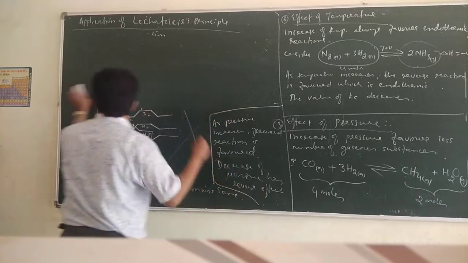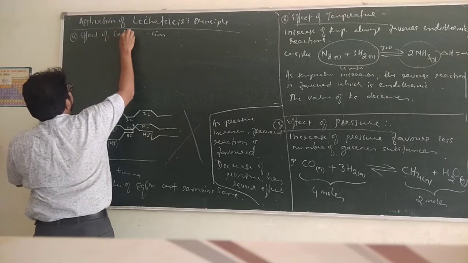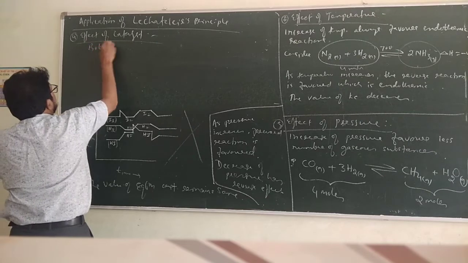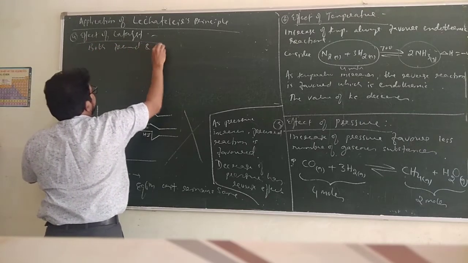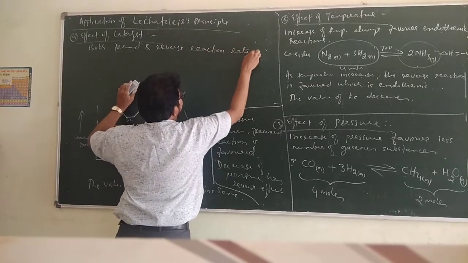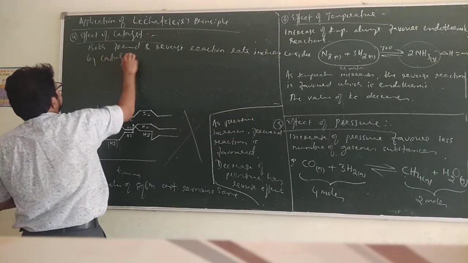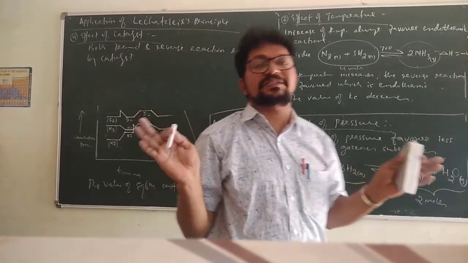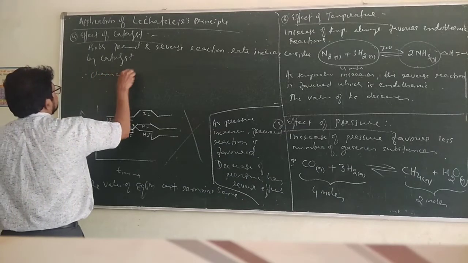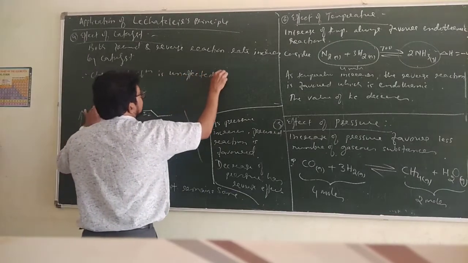catalyst. Effect of catalyst. See, both forward and reverse reaction rates increase by a catalyst. A catalyst increases the rate of both forward and reverse reactions equally. Therefore, chemical equilibrium is unaffected by the catalyst.